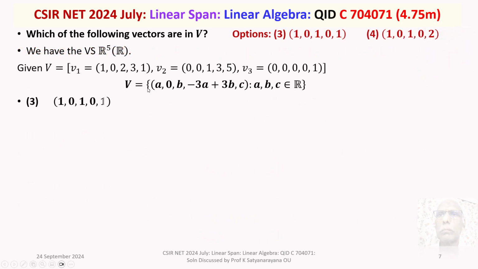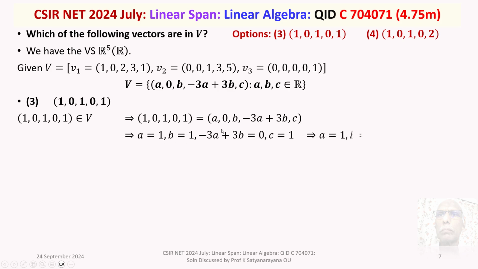Right. So option 3, (1, 0, 1, 0, 1). Suppose (1, 0, 1, 0, 1) belongs to V, means (1, 0, 1, 0, 1) is equal to the 5-tuple (A, 0, B, minus 3A plus 3B, C). So these 5-tuples are equal, means the corresponding components must be equal. This will imply A is equal to 1, B is equal to 1, and minus 3A plus 3B is 0, and C is 1.